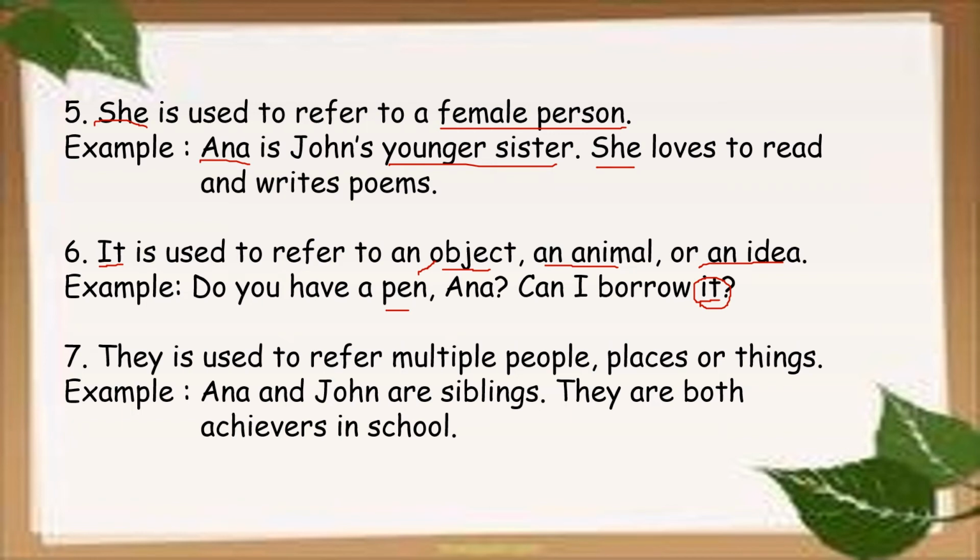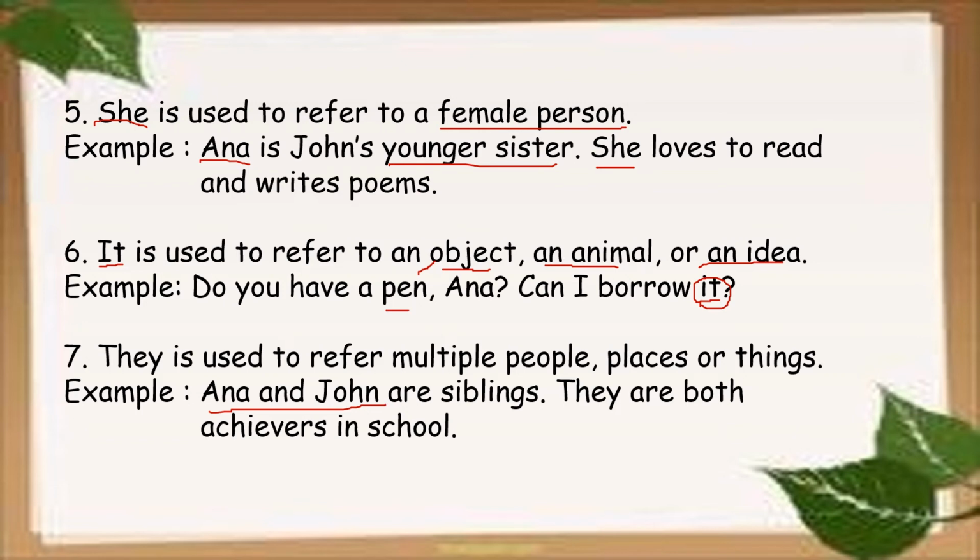Number 7. They is used to refer to multiple people, places, or things. Example, Anna and John are siblings. They are both achievers in school. So this one we refer to multiple people, or let's say it is in a plural form.